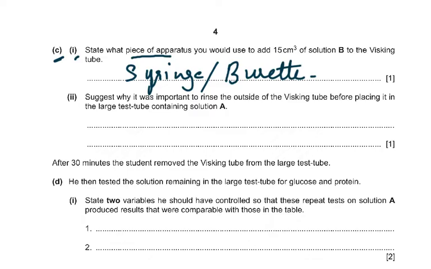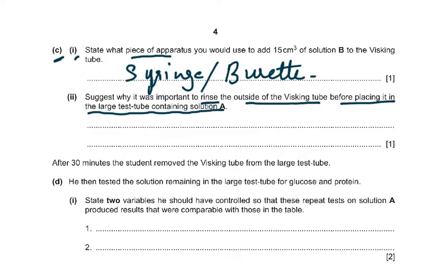Suggest why it was important to rinse the outside of the whisking tube before placing it in the large test tube containing solution A: to ensure that there's no solution B on the outside. When you wipe something, you ensure that nothing is on the outside. Like for instance, if I poured some ruabza into a glass and I spilled it on the outside of the glass, then I would clean it with a tissue paper so that there was no ruabza on the outside of the glass.